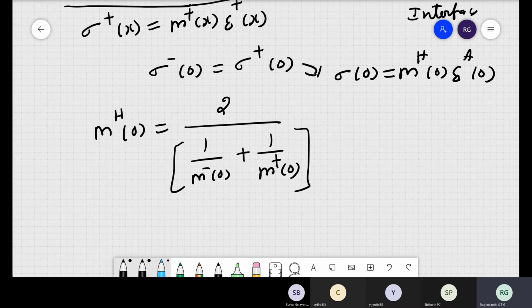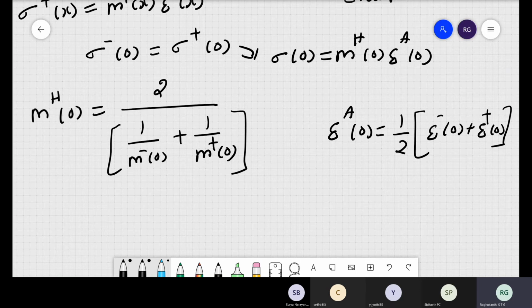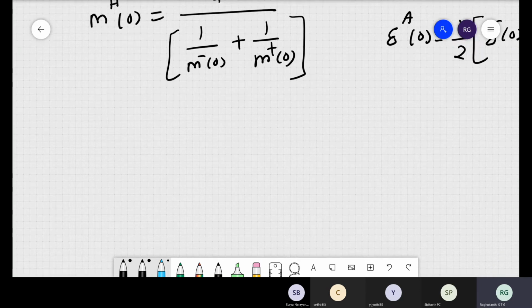And this epsilon a is nothing but the arithmetic average, epsilon minus of 0 plus epsilon plus of 0. So if this is satisfied, then automatically this can happen.